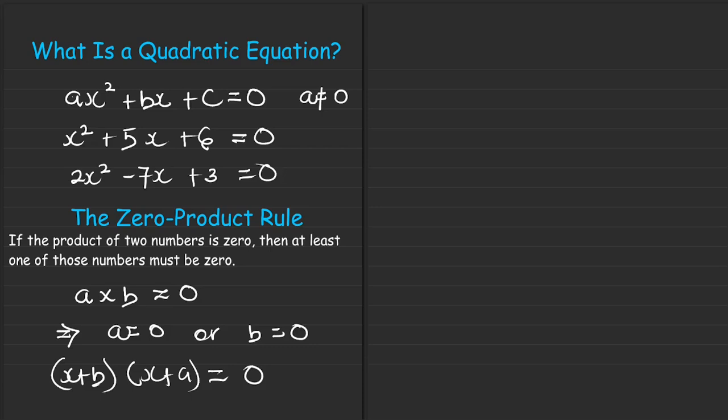With that in mind, we equate x plus b to 0, making x the subject, and then we also equate x plus a to 0, and then solve for the values of x. Now that we know what the zero product rule is, let's actually solve some examples.